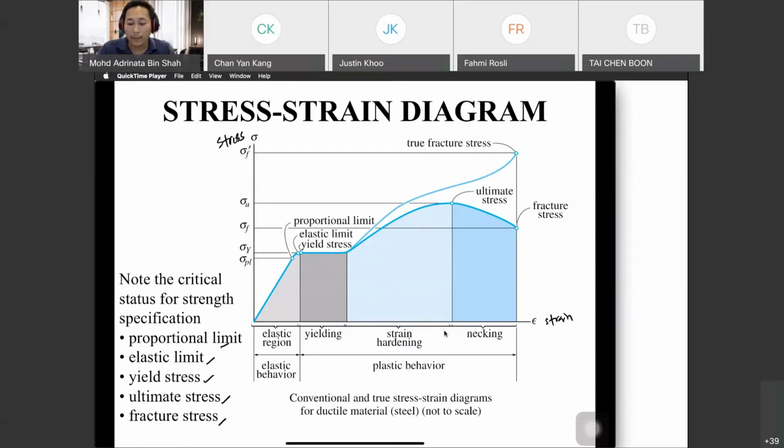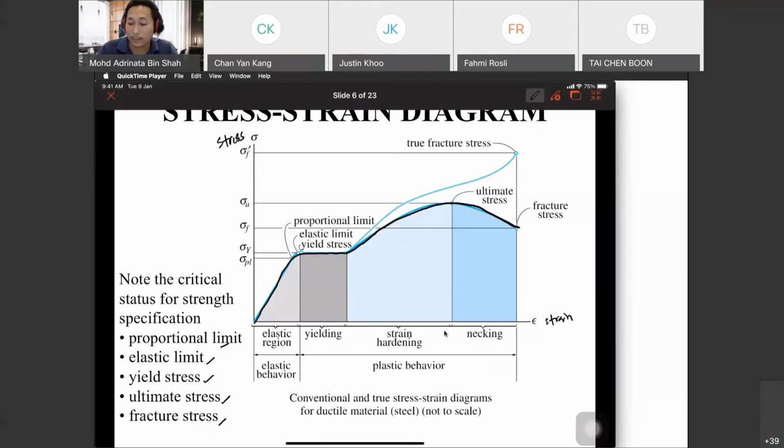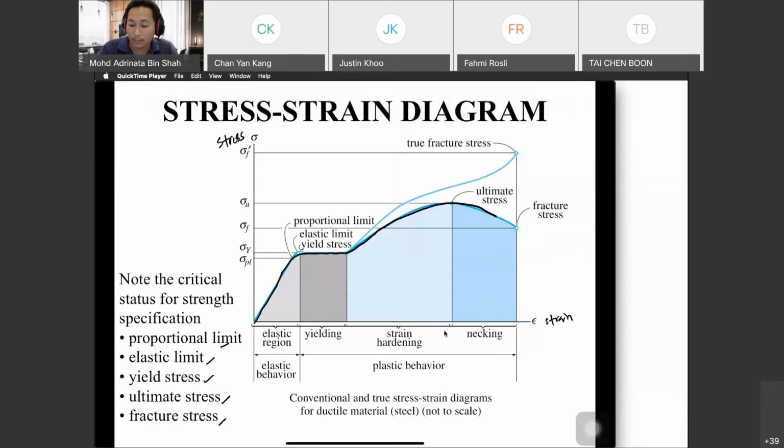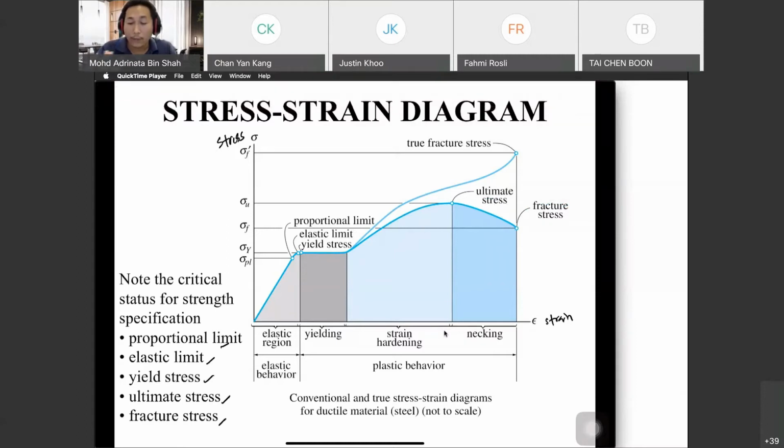So from the stress strain diagram, we have different regions.